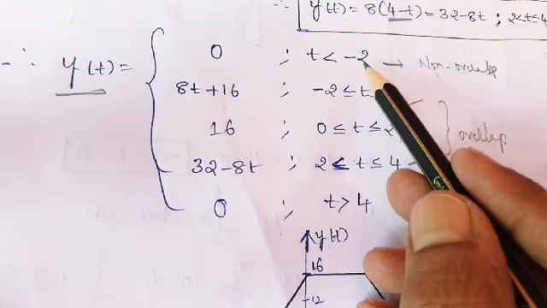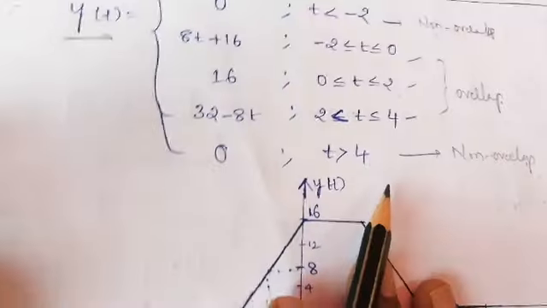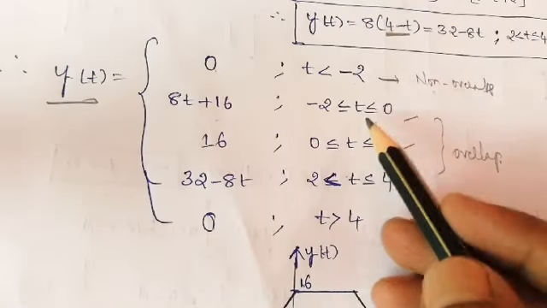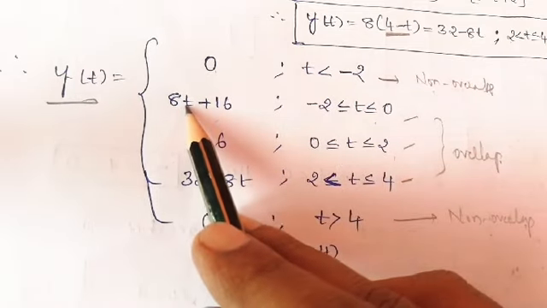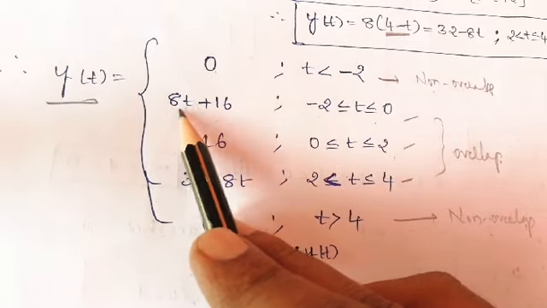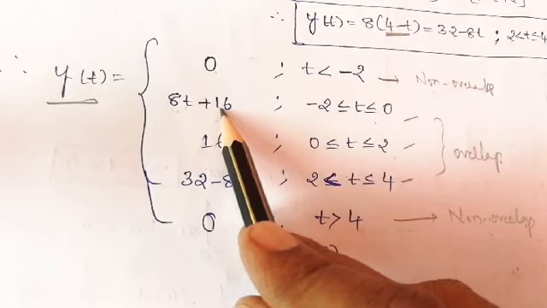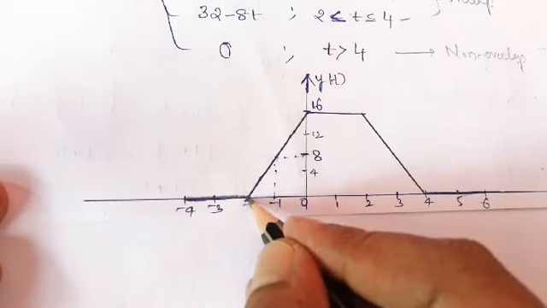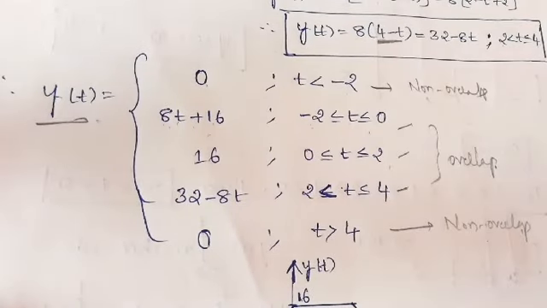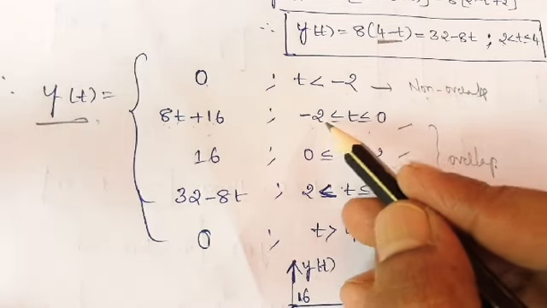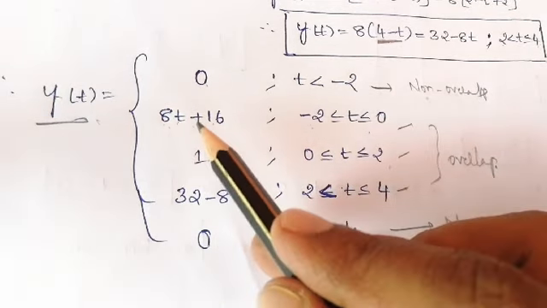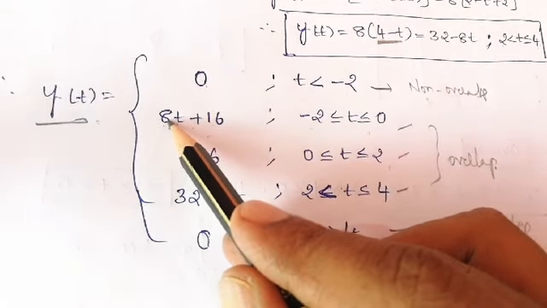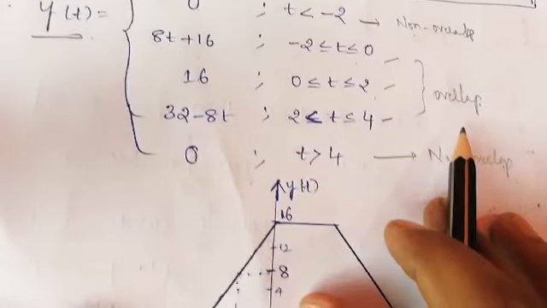When t is less than minus 2, how much amplitude is there? 0. Once t equals minus 2, substitute here: 8 into minus 2 is minus 16, minus 16 plus 16, hence it is 0. So y of t equals 0 at t equals minus 2. Next, one more intermediate time value: minus 1.5. Then 8 into minus 1.5 is minus 12, minus 12 plus 16, so it is 4.